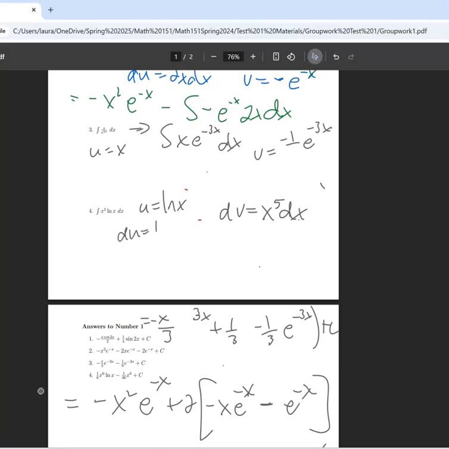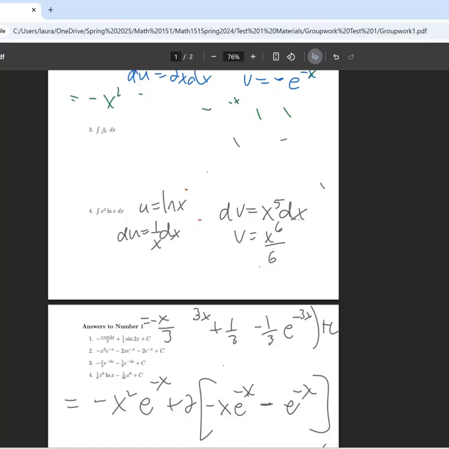So du is 1 over x dx, and then taking the antiderivative, I get x to the 6 over 6. So let me take liberties here and just move upwards with this one. So I'm going to do, you got the parts down, uv minus the integral of v du. So you have to have that memorized, right?